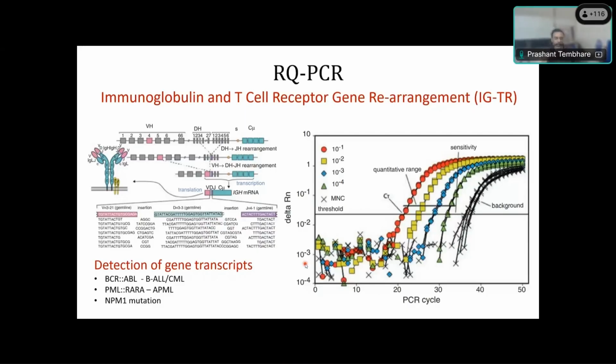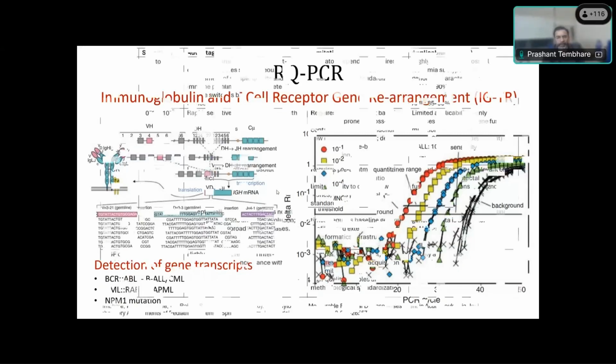For example, if at the time of diagnosis we had a BCR-ABL translocation or fusion, or PML or NPM1 mutation, or any pathogenic mutation, we can monitor the same fusion, mutation or translocation at the time of MRD monitoring using genetic techniques such as next generation sequencing or RQ-PCR. Okay, so here we follow the genetic abnormality.